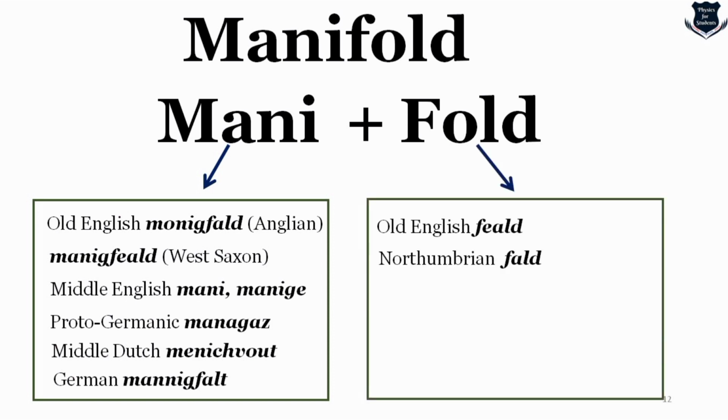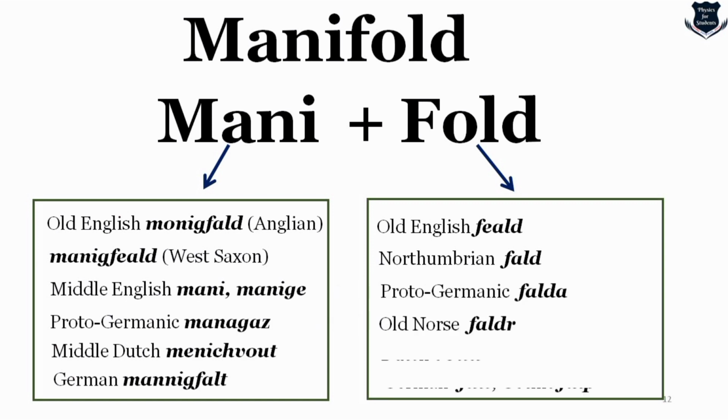And the word fold comes from Old English feald, Northumbrian fald, and Proto-Germanic falda, and so on, Dutch vouwen and Gothic falþan, etc. This is just to give you an understanding of how the words came to be put together to make the word manifold.